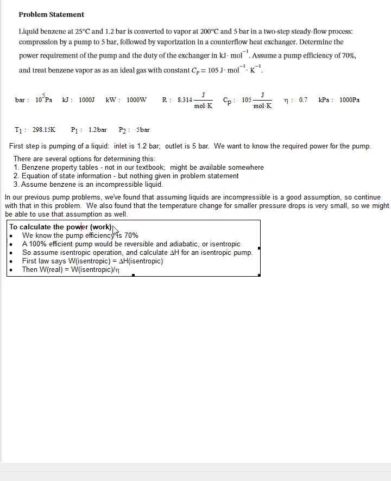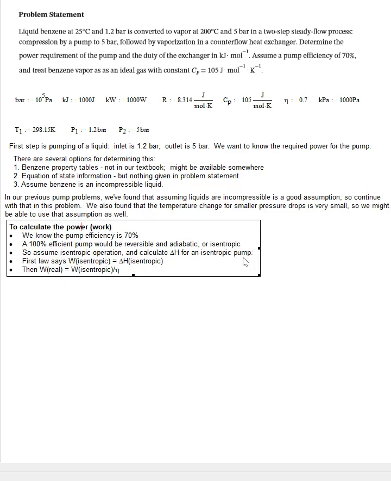To calculate the work, we're going to take the same approach that we did for pumping of the water. We know that the pump efficiency is 70%. If we had a 100% efficient pump, that pump would be operating in both a reversible and adiabatic process, or an isentropic process. And so with a lot of these pump problems, we assume isentropic operation.